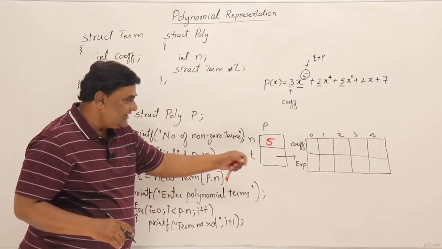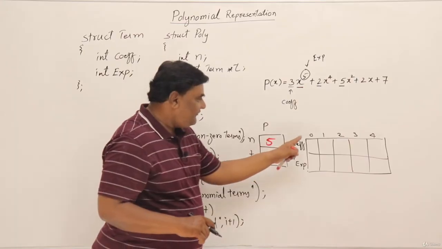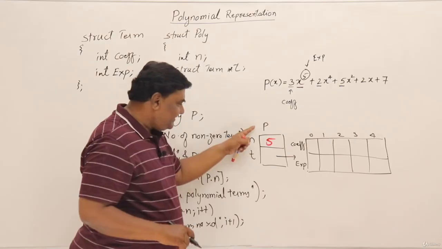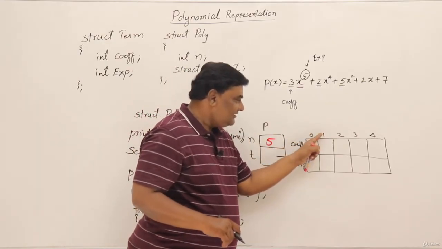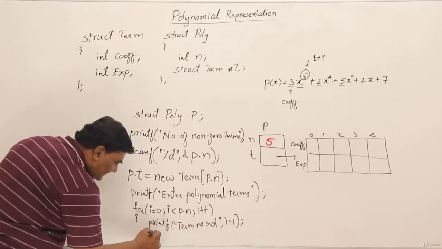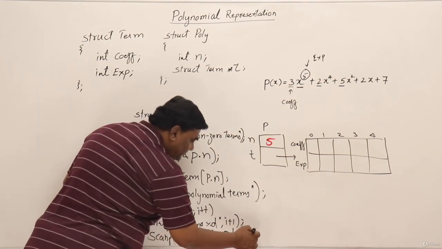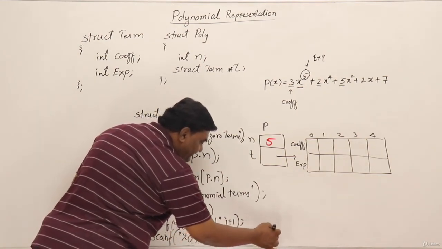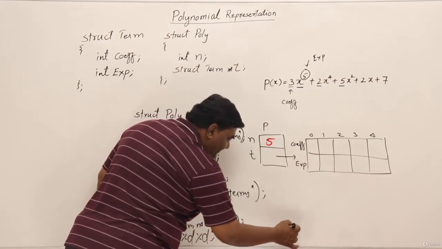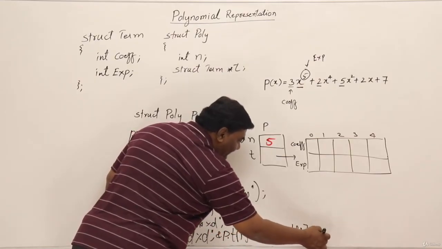Now scanf those two values. How to read the values? p.t[0].coefficient, .exponent; the next p.t[1].coefficient, .exponent. So here I write p.t[i].coefficient with an ampersand, then comma, ampersand p.t[i].exponent.